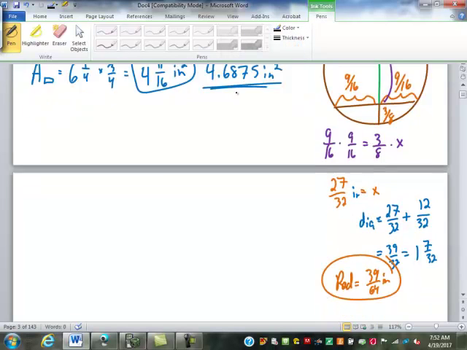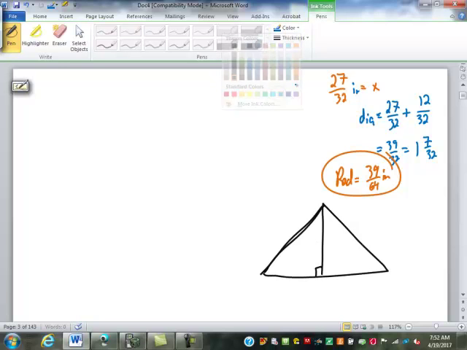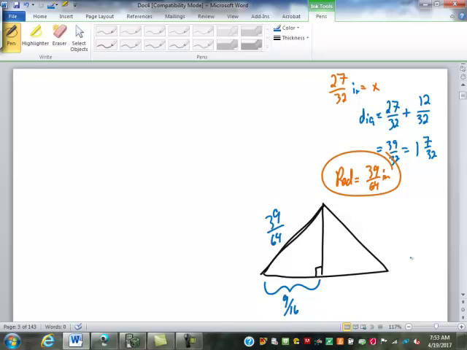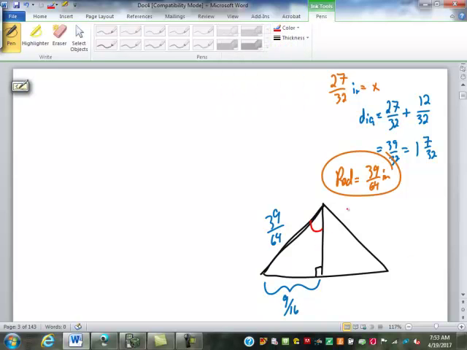So now we're looking at a triangle. This is 39/64. This piece here is the 9/16. The whole thing, remember, is 1 1/8. How do I find that angle?